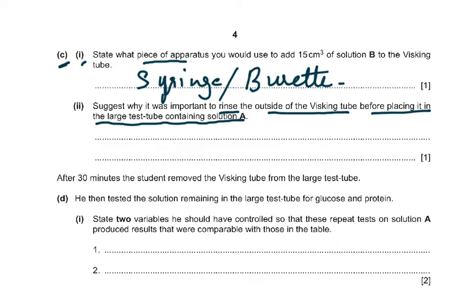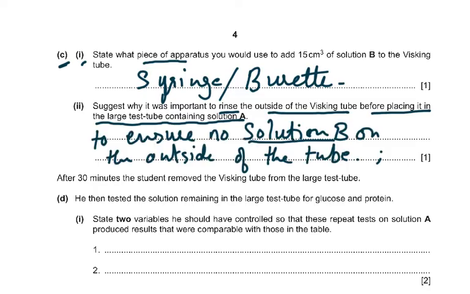So why did you clean it? To ensure that there's no solution B on the outside of the test tube. Solution B is underlined, so the words solution B should be there, and only then are you going to get that 1 mark.